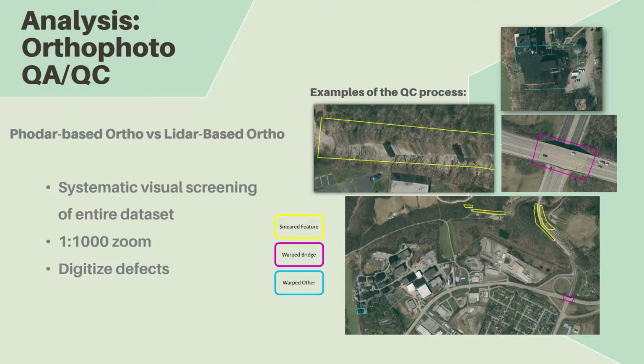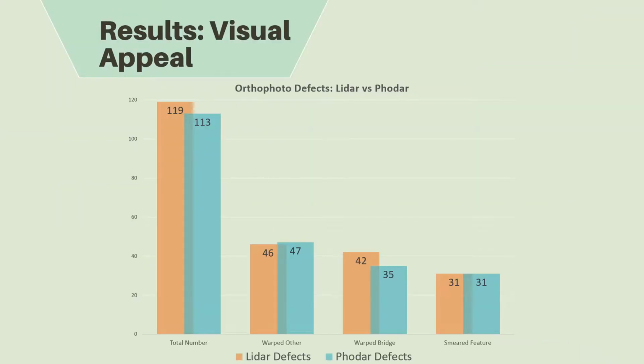The results of the visual inspection showed that both data sets had a similar number of defects. Viewing the LiDAR in orange, you can see that while the overall number of defects in the LiDAR-derived orthophoto is higher than in the phodar-derived orthophoto, the difference is due to a larger number of warped bridges than in the phodar-derived orthophoto.